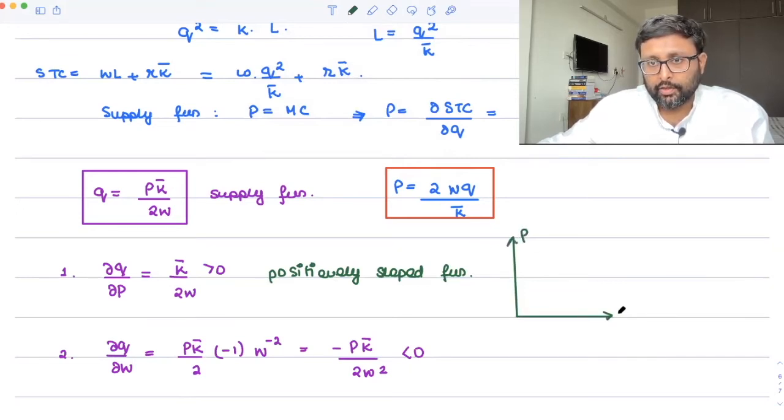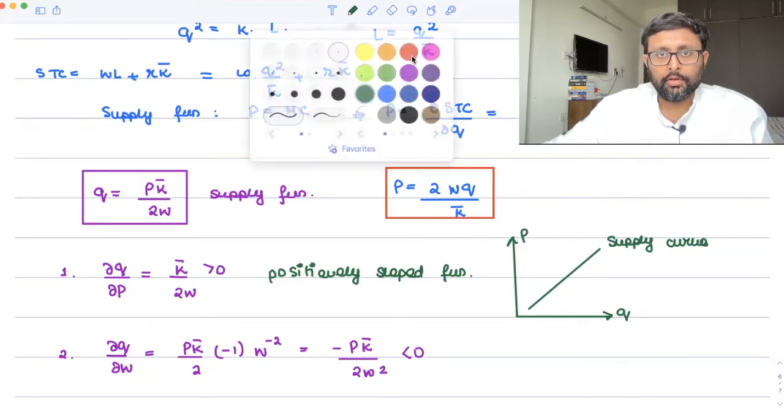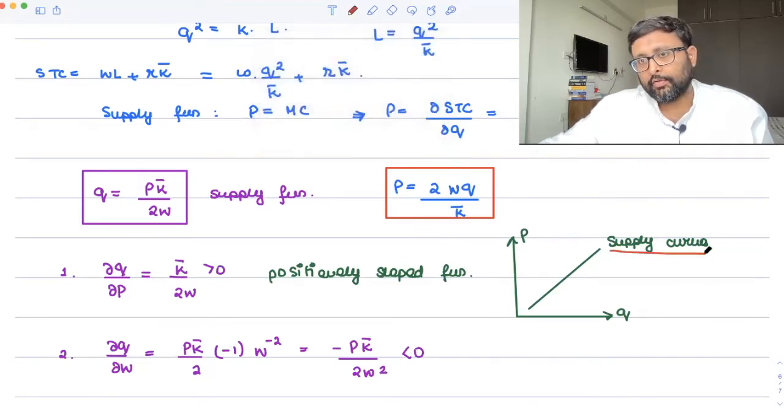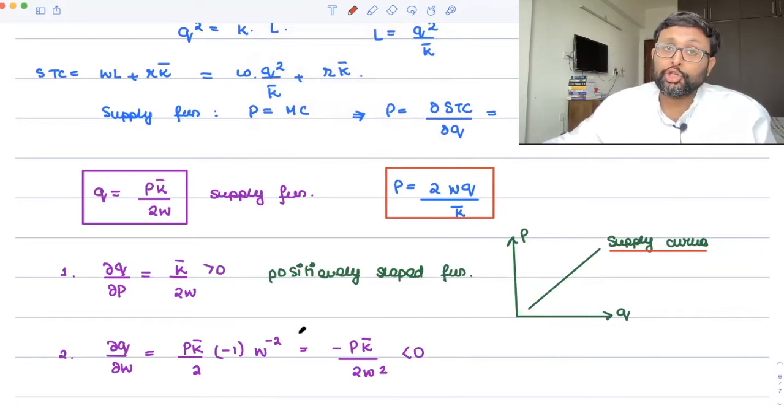So you have P, you have Q. So you have the function like this. That's a supply curve. If there is an increase in P or increase in Q, that's a movement along the curve. Now here in this case, it's a shift in the curve.